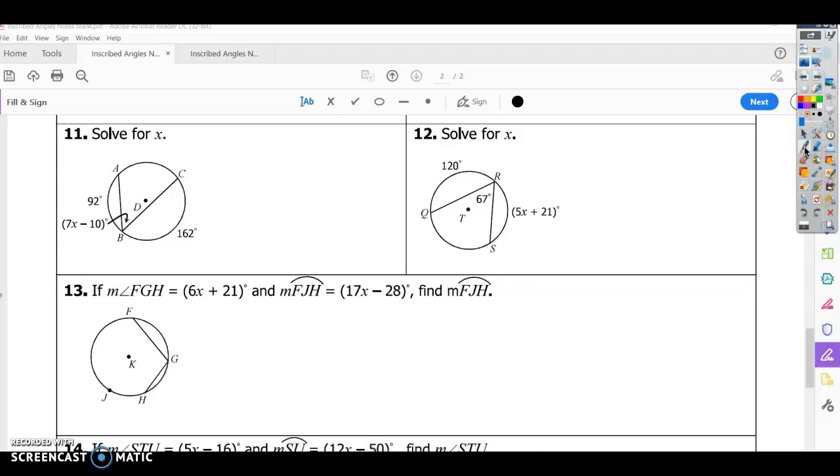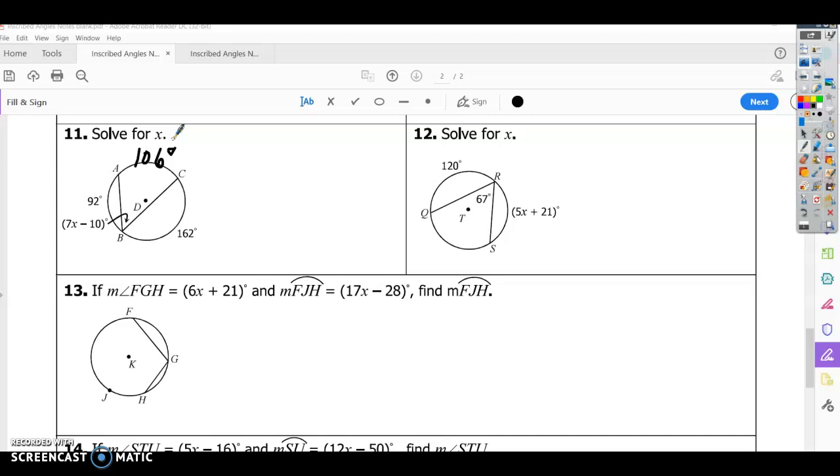All right, let's look at example 11. So we are given this arc measure and this arc measure. You can see there's 3 arcs in this circle, so we can find the third one by taking 360 minus 162 and minus 92. And we do that and we're going to get that this arc measure is 106. And then what do we need to do to find x?